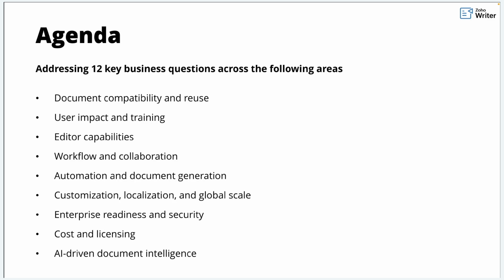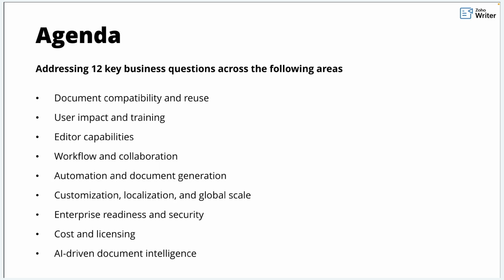Then we'll talk about user impact and training and what this transition actually means for everyday users and power users in your teams. We'll also cover the core editor capabilities and how the product supports creation, formatting, and collaboration without changing how your teams already work.